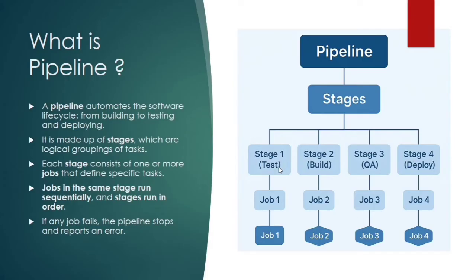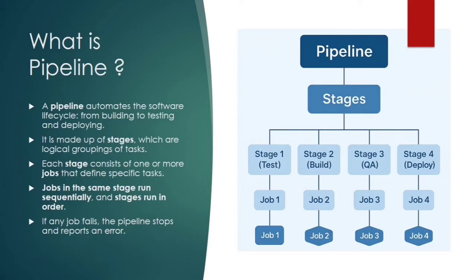Each stage is trying to complete one component, like a component of testing, component of build, component of QA, component of deployment. And to complete stage 1, we can have multiple jobs, and those multiple jobs are performing a specific task to complete stage 1.